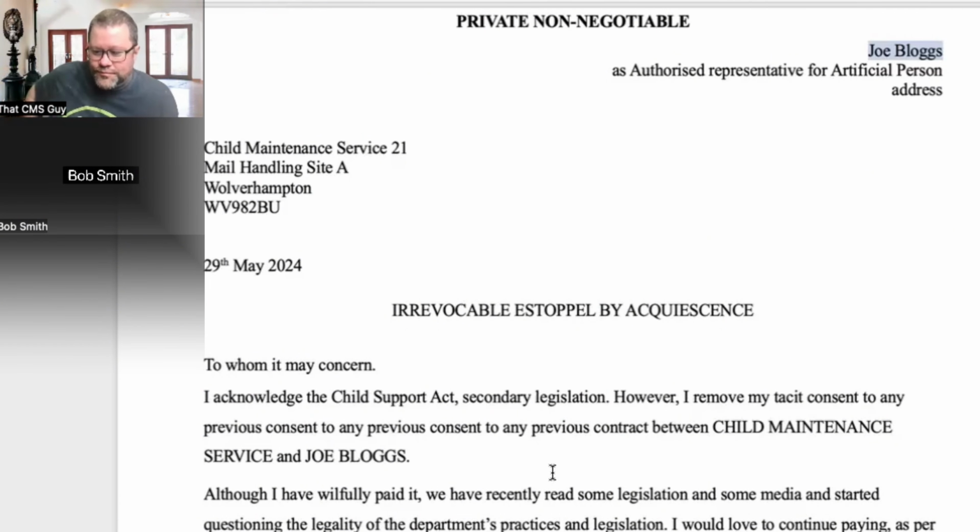So, okay, what you're talking about there is called tacit consent. And this is what I think people aren't aware of, because they've been conditioned over decades to just automatically consent, be agreeable, and say yes.